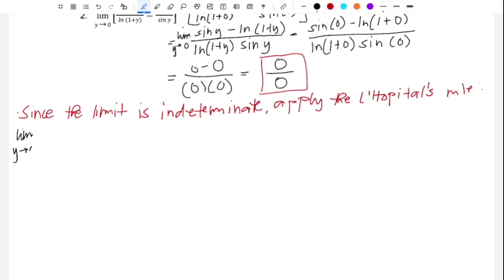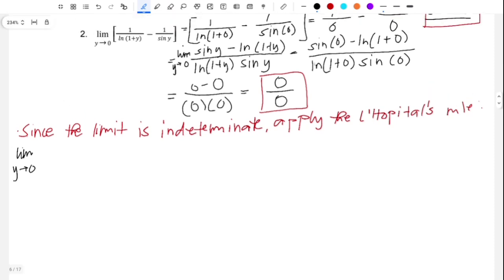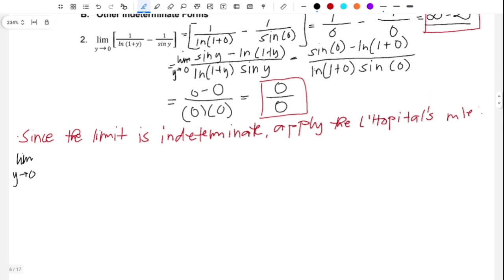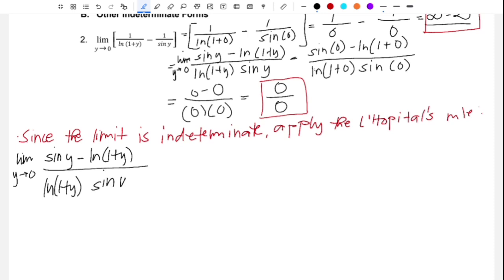Y approaches 0. What is our new given? We have sine y minus ln(1 plus y) over ln(1 plus y) multiplied by sine y. And from here, let us derive our numerator.